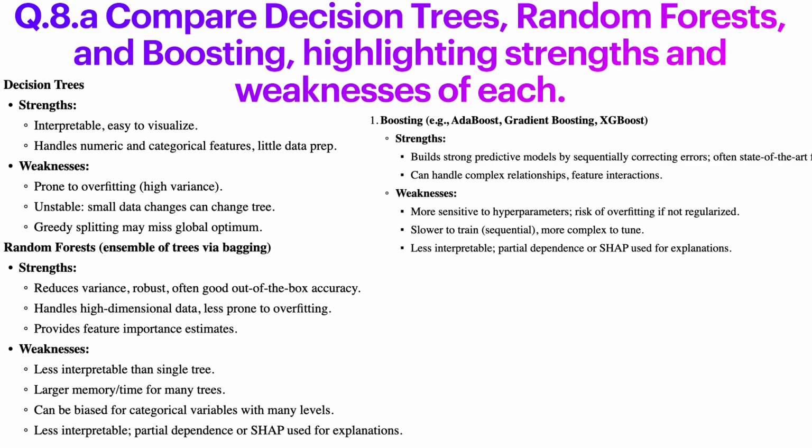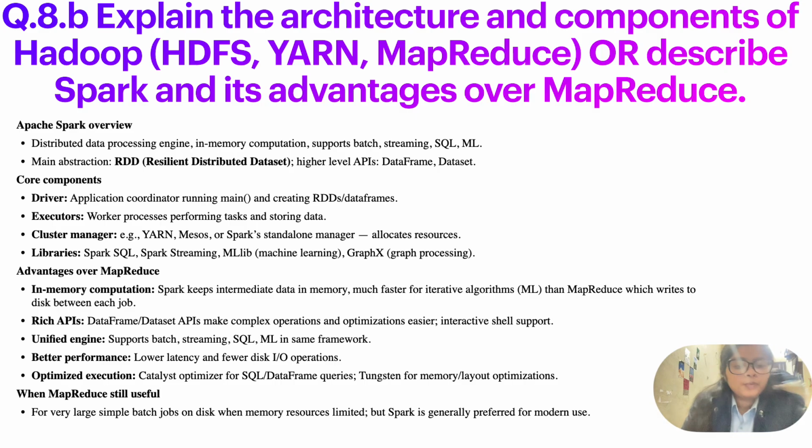Let's move to the next question, which is: explain the architecture and components of Hadoop, which includes HDFS, YARN, MapReduce, or describe Spark and its advantages over MapReduce. What Hadoop is: if we talk about big data, right now we are generating large amounts of data that have to be handled, stored and manipulated, but it can't be done on a single system.